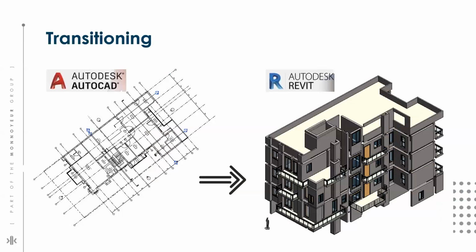And in the transitioning portion, we can see that we have a 2D plan, which is a CAD-based drawing. At the same time, while preparing those drawings, we can get a desired output at a conceptual level: what its massing is going to be and how it is going to look, so we can visualize it at an earlier stage according to our designs.